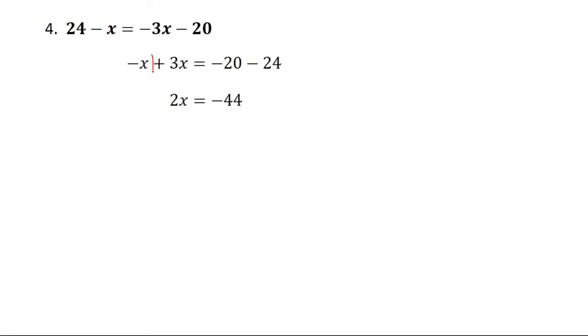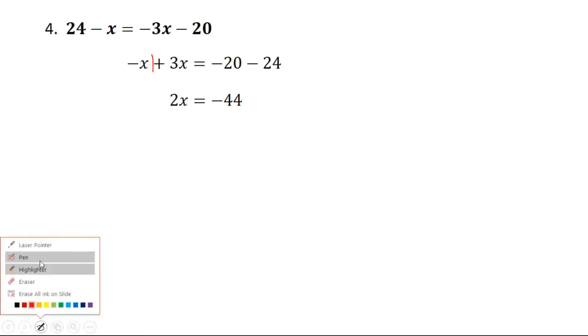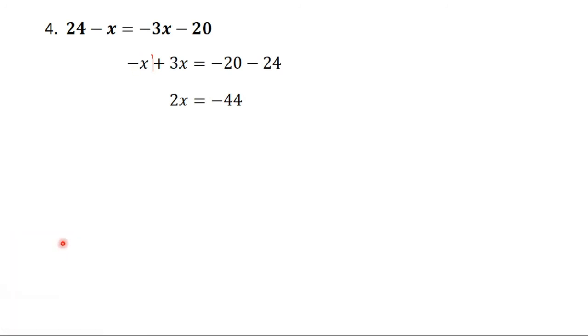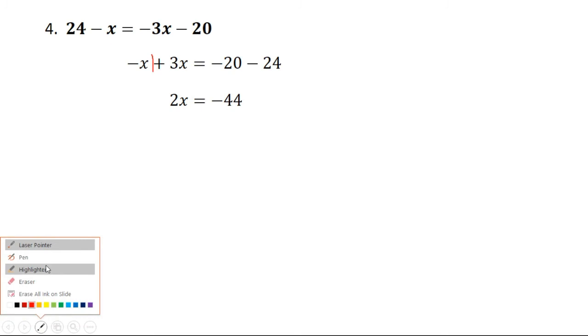So the coefficient of this minus x here is 1. So what you do is that you add the coefficients. So we are going to have minus 1 plus 3, and that will give us positive 2.